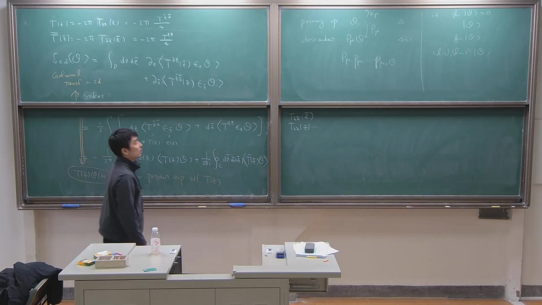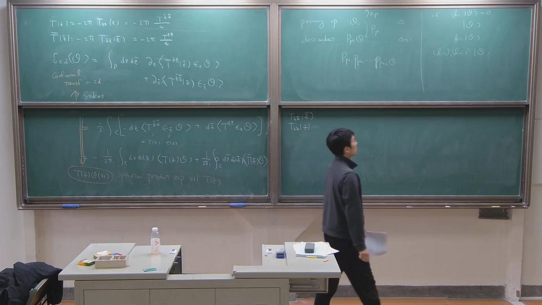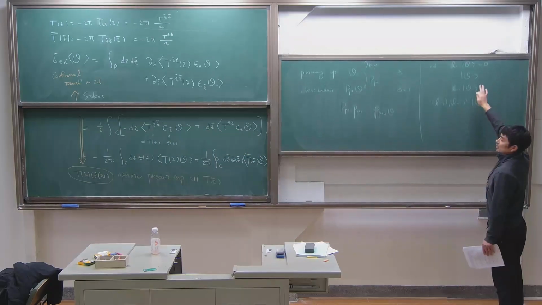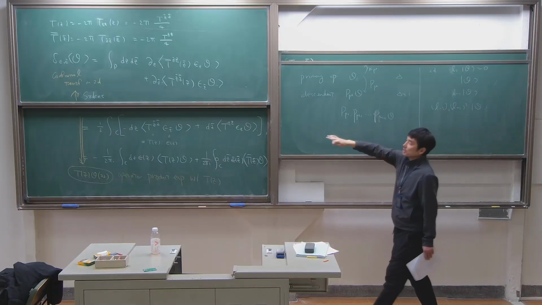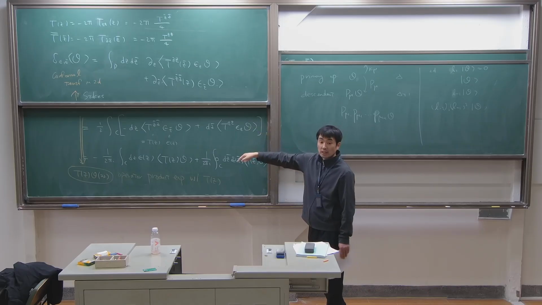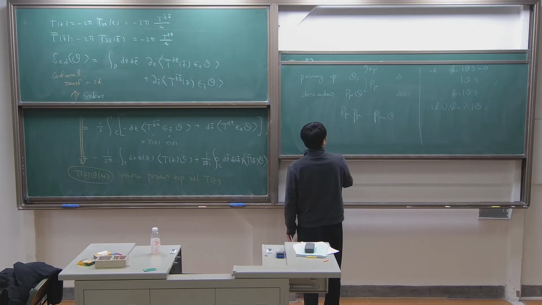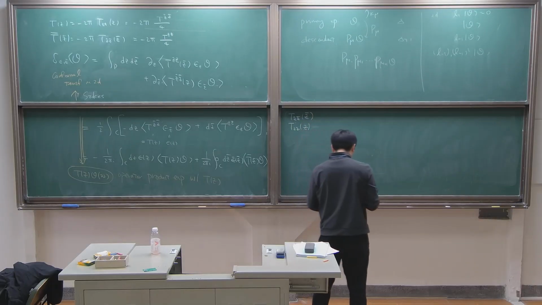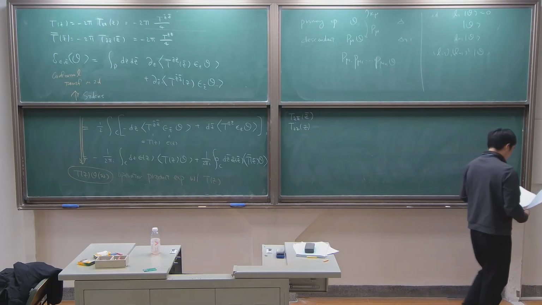Okay, to define this primary state, we have to use the conformal transformation or conformal Ward-Takahashi identity, but a bit ad hoc. But let's define a primary operator as follows.